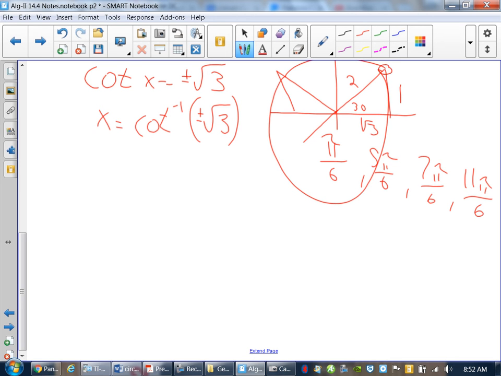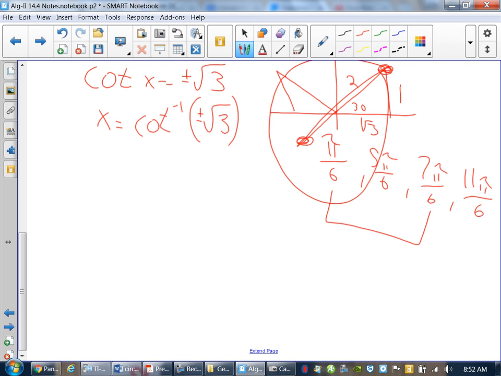But from first quadrant to third quadrant, what are you doing? You're just adding pi. From second quadrant to the fourth quadrant, you're just adding pi. It's not pi over 2, because that would mean going 90 degrees.